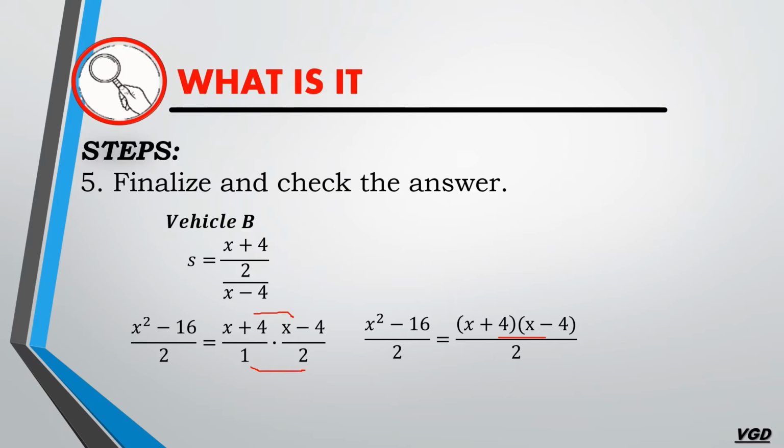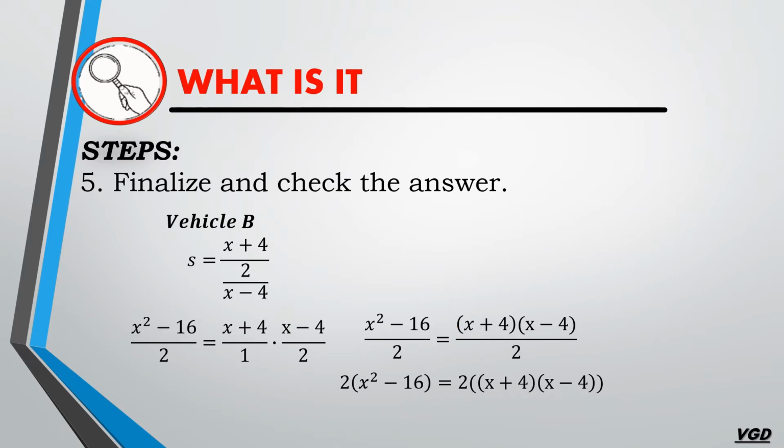Now let's do the cross multiplication. So cross multiply x squared minus 16 and 2, and then 2 times the quantity of x plus 4 times the quantity of x minus 4. So we got here 2 times the quantity of x squared minus 16 at the left side, and to the right side we have 2 times the quantity of x plus 4 times the quantity of x minus 4.